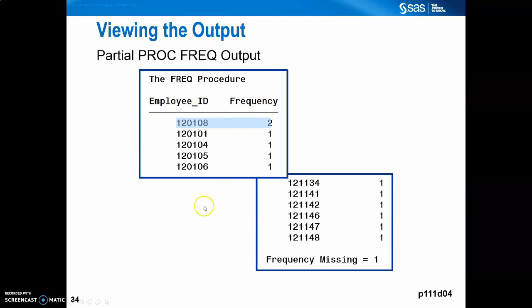So we can see here the employee ID is sorted based on frequency, in which the employee ID 120108 is equal to 2, which is not unique. And we can see here, by using ORDER=FREQ, there is also information provided on the missing values, which is equal to 1 frequency.